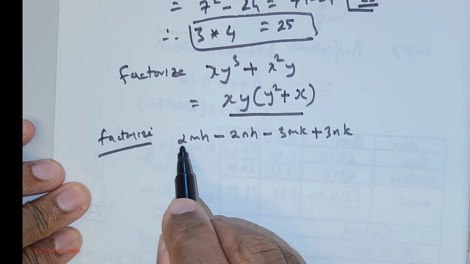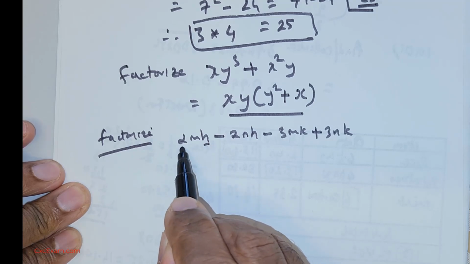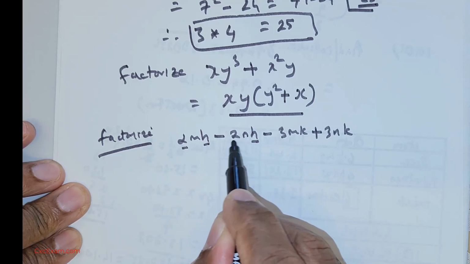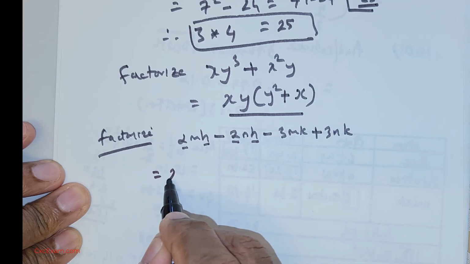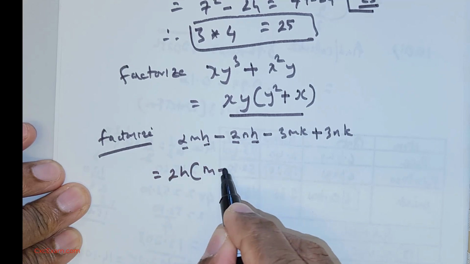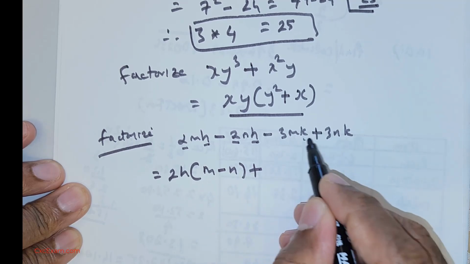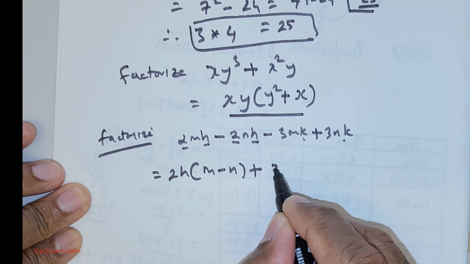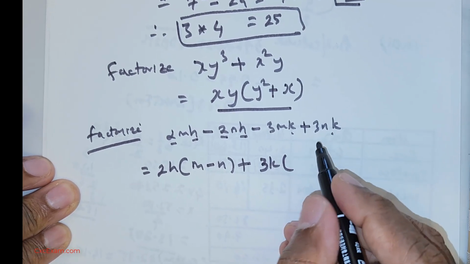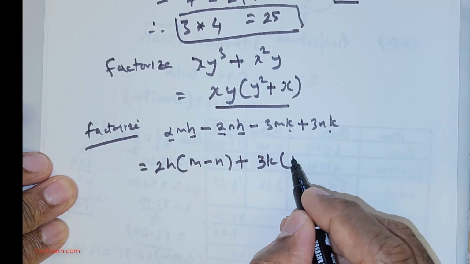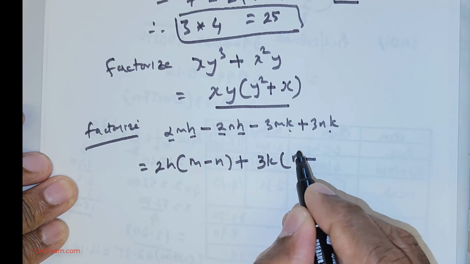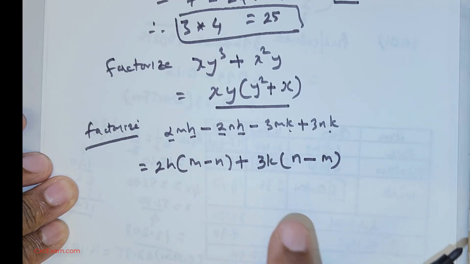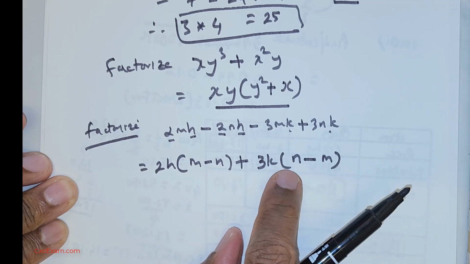Now if you see here, you have h occurring here, 2 occurs also there. So you can take 2h out and you will get (m - n). K occurs there, 3 occurs there, so you take 3k out. You got to start by writing n first, so (n - m). Now this is (m - n), this is (n - m).